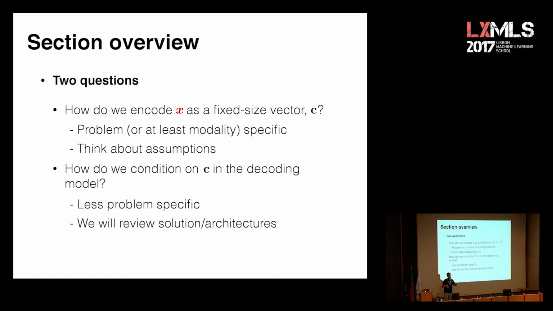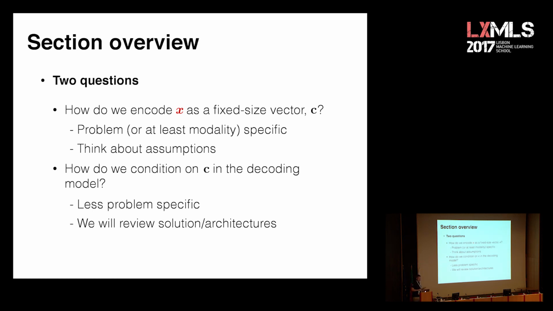And that's a very useful kind of bias. And maybe that's good for language, maybe it's not. So you want to think about assumptions at this level. And then the second question is, how do we condition on this vector c? I use c to refer to context in this case, in the decoding model.